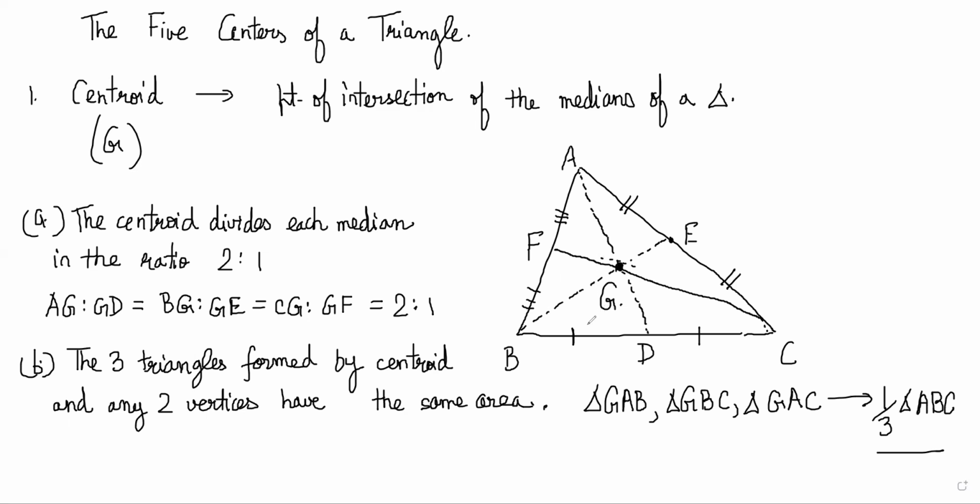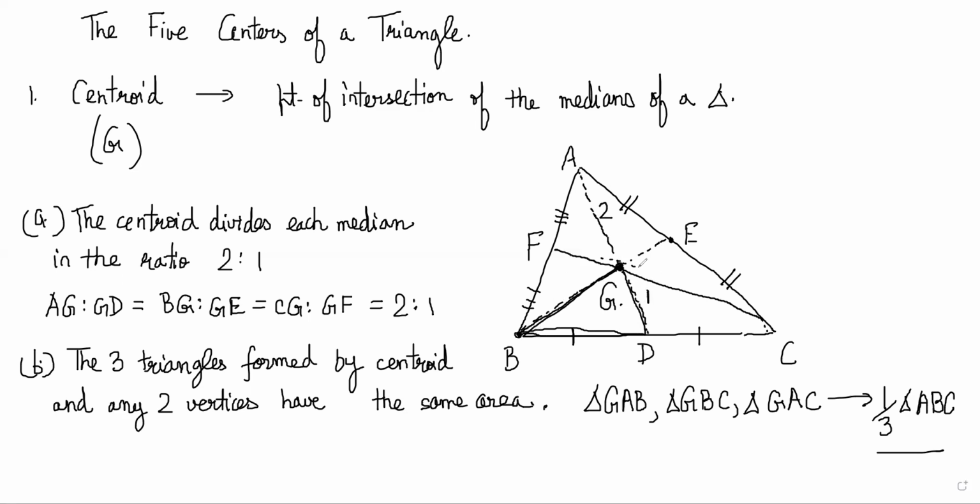I'm not writing the proof right now, but I'm just telling you that triangle GBD area will be 1 by 6 of triangle ABC's area because it is 1 by 3 of triangle ABD's area. Why is it 1 by 3 of triangle ABD's area? Because one vertex is common and both are on the same base, and the base is in the ratio 1:2, right? This is 1 and this is 2.